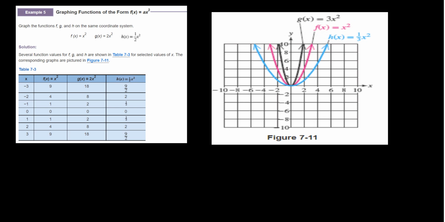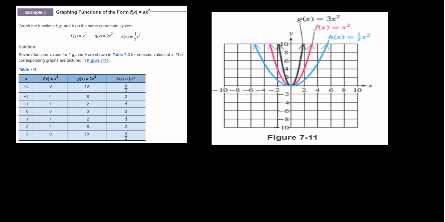So on the previous page, we said that if our a is greater than 1, then we stretch. Well, 2x squared, this 2 is greater than 1. So what we're going to do is take this pink line and stretch it vertically.